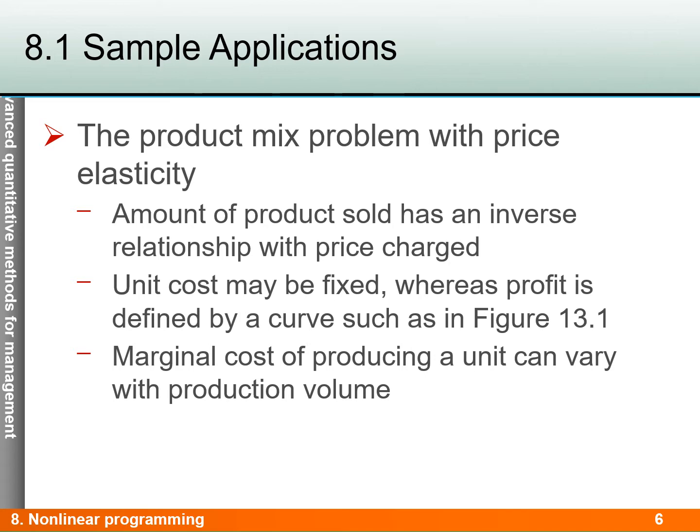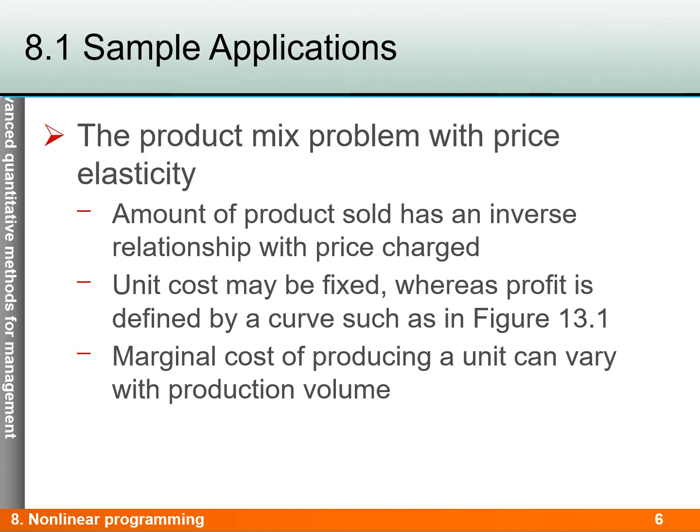So here is the concept we are talking about: the amount has an inverse relationship with the price charged. We just imagine this item. Thus, the price-demand curve for a typical product might look like a descending curve, which we'll see in our next slide.